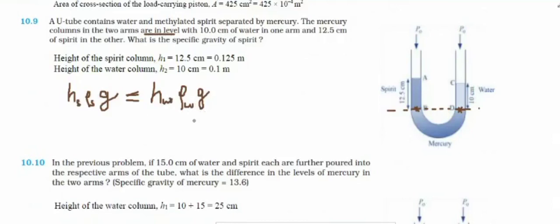Then you are asked to calculate the value of rho s, and rho W, the specific gravity or relative density of water, is 1. Because relative density is density of the substance divided by density of water. Here the substance itself is water, so density of water divided by density of water gives relative density of water as 1. So the relative density of spirit you can calculate.